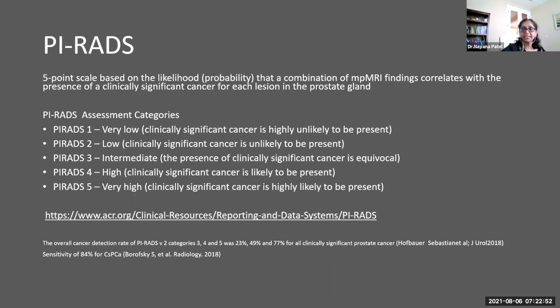Each of these sequences, T2 weighted and diffusion weighted images, is scored, and then the final score is the combination of the scores on these different sequences. PI-RADS has a good sensitivity of 84% for clinically significant prostate cancer detection.